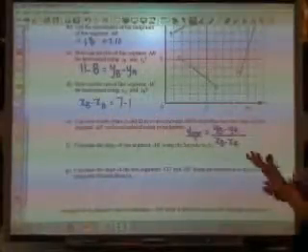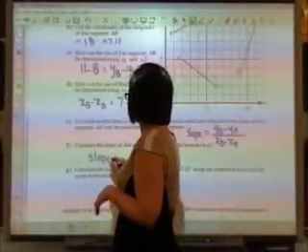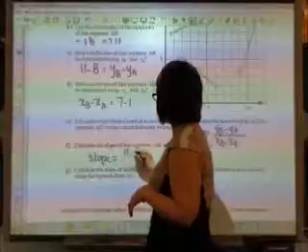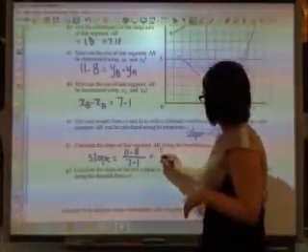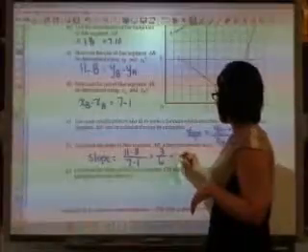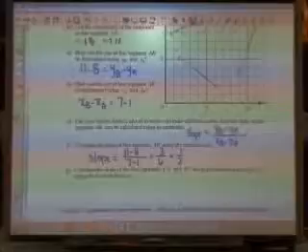And so if I continue that, using that formula, I get my 11 minus 8 over my 7 minus 1. There's my 3 over 6, which gives me my 1/2.